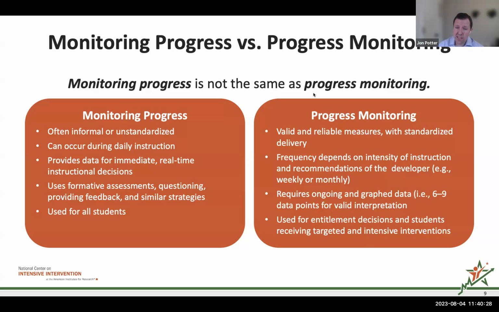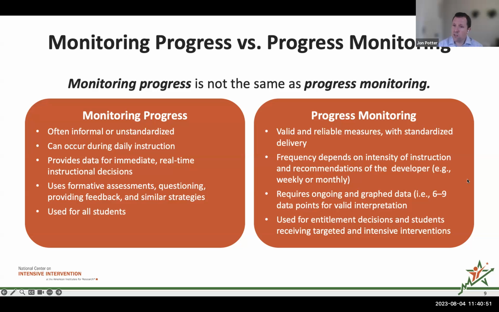Progress monitoring requires that you graph the data and use the data to interpret how students are doing, and you need a fair amount of data to do that. So 6 to 9 data points is about a minimum in terms of what we want to look at to be able to look at a trend. Because as we know, kids have good and bad weeks. They may have a bad week progress monitoring, a good week progress monitoring.